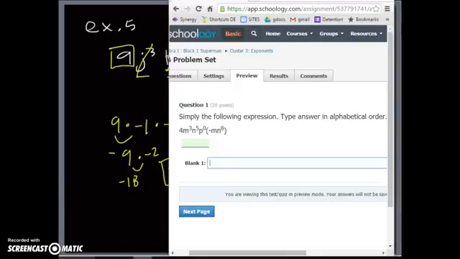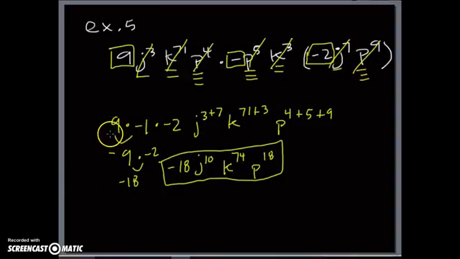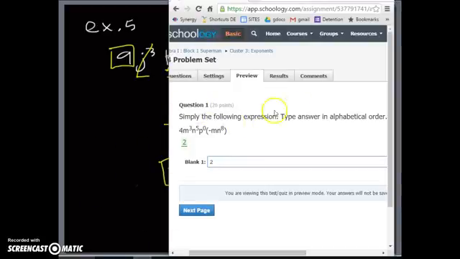This time I'm going to show you what it looks like on Schoology. Let me erase some of this so I have some room to write. Okay. So here we have simplify the expression, type in alphabetical order.